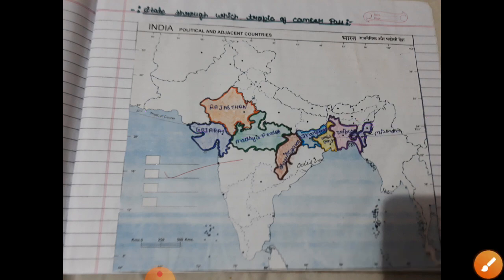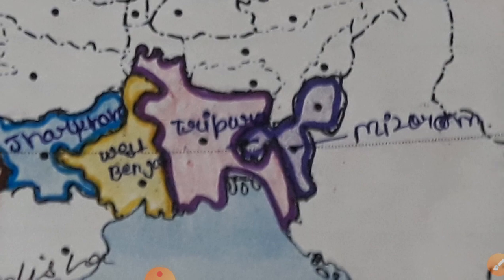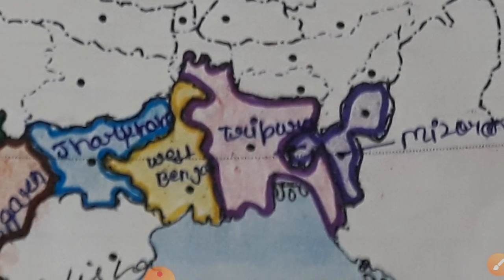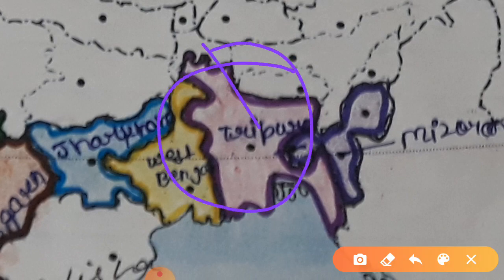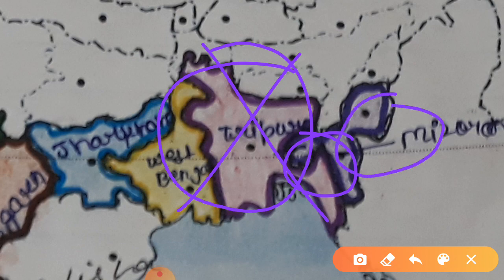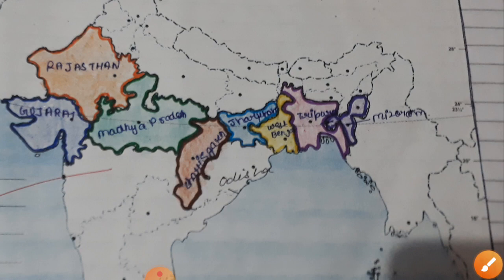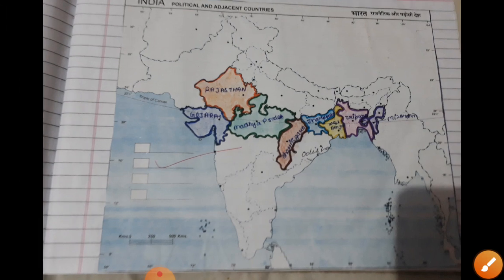The states through which this line passes are Gujarat, Rajasthan, Madhya Pradesh, Chhattisgarh, Jharkhand, West Bengal, then Tripura and Mizoram. Clear?